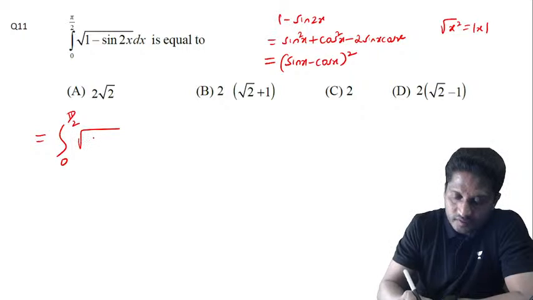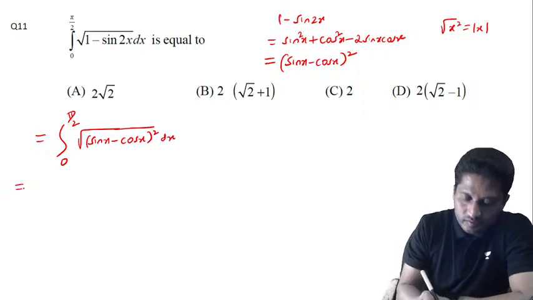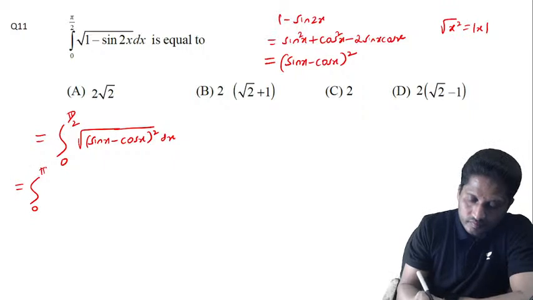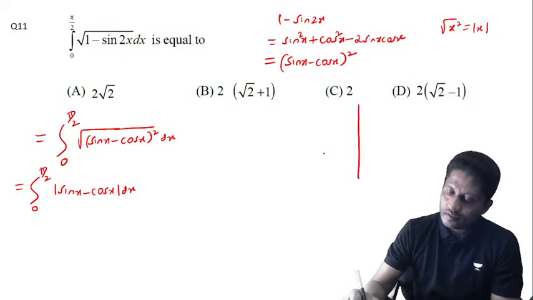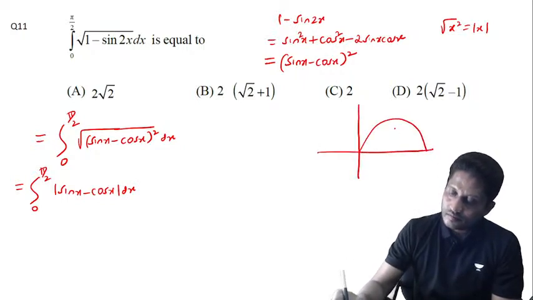Okay, a root of this is sin x minus cos x the whole square. Now this is 0 to pi by 2. Root of x square is mod x, so this is sin x minus cos x. Okay, now if you plot the graph, actually this is sin 90 is 1.